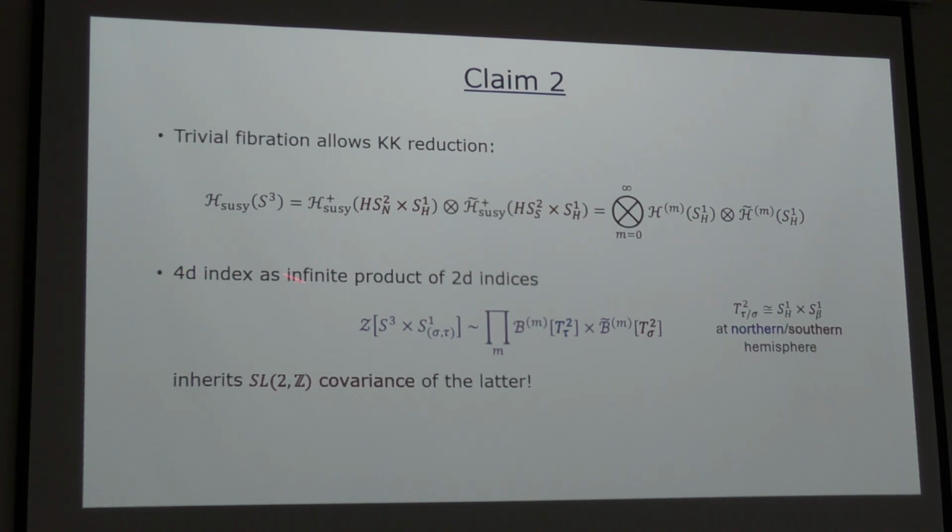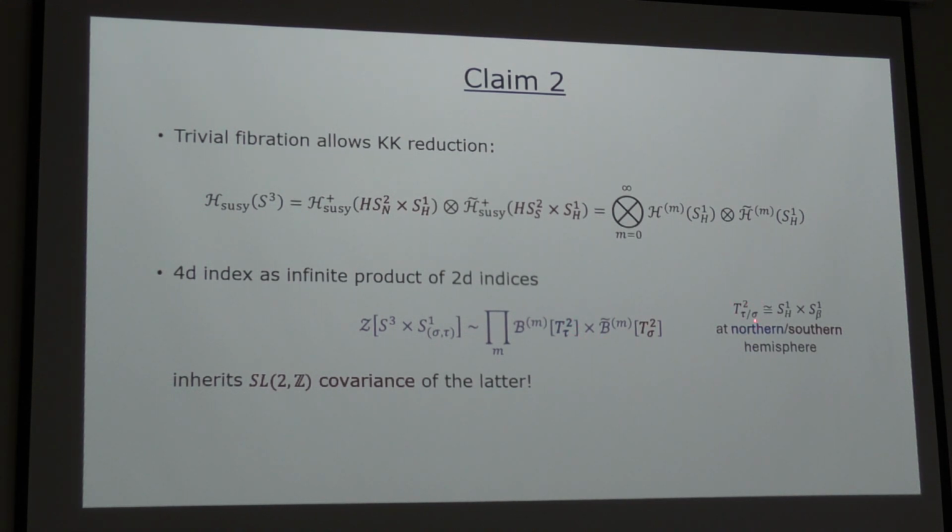This fact, that I can view the four-dimensional supersymmetric Hilbert space in this two-dimensional sense, means in particular that the four-dimensional index is some infinite product of two-dimensional indices, which I'm going to write like this. Remember, I'm using the fact that the index can be thought of as a path integral on S3 times S1. That's this side of the story. And on this side, I can think of the two-dimensional indices as partition functions on tori.